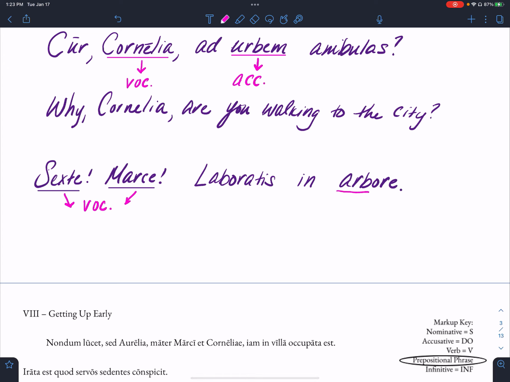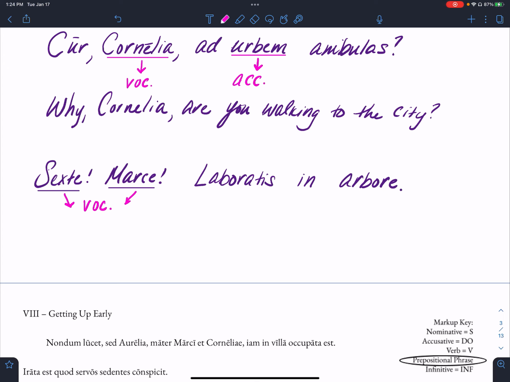I will tell you that arbore is actually an ablative, but you don't need to know that. What is ablative? It's kind of like that all-encompassing case that does a lot more than just one thing. Whatever the other cases can't accomplish, the ablative picks up. So why does locative exist?